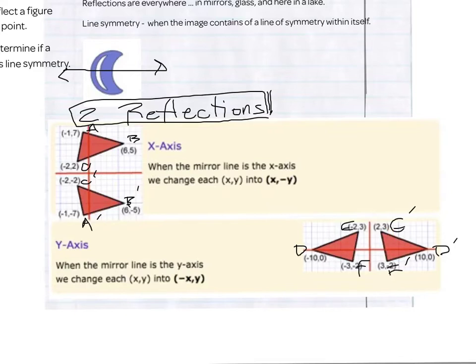And again, if we look at the mapping, because that's what this actually is, this is a mapping that tells us what's actually happening. (x, y) goes to (negative x, y). And we can see that very clearly because D, which is (negative 10, 0), maps to (10, 0).